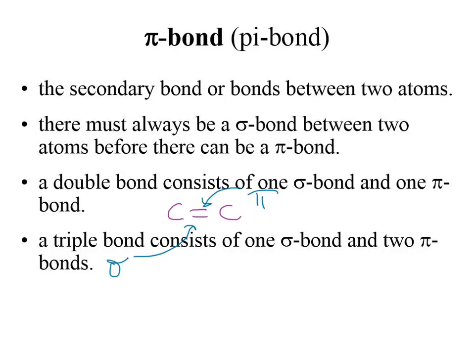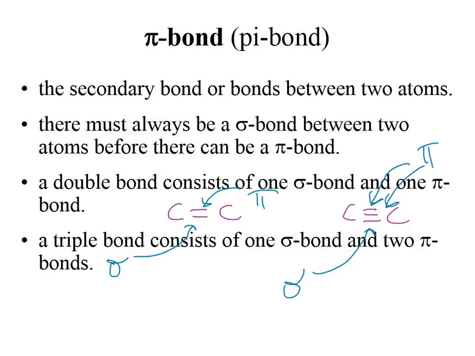Now, do I know which is which? No. Well, sort of. I'm going to show you here in a minute. So carbon, triple bond carbon, like we've been saying, the first to arrive is sigma, and then we've got actually 2 pi bonds. Okay.